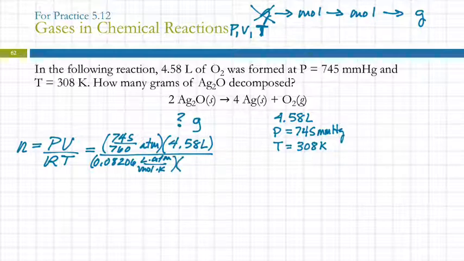And the temperature is 308 Kelvin. So 745 divided by 760 times 4.58 divided by 0.08206 divided by 308. Let's move down so we have some more room. 0.17763 moles of oxygen.